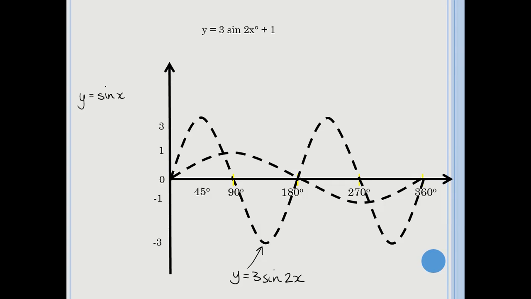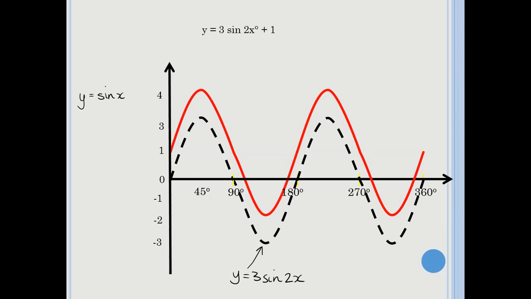But we know it's going to be shifted up the way. We're adding 1 onto the values. So if we get rid of y equals sine x and shift our graph up, that's what it's going to look like.